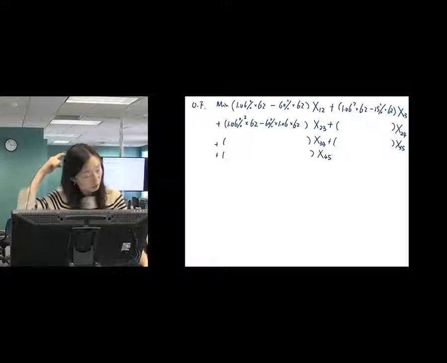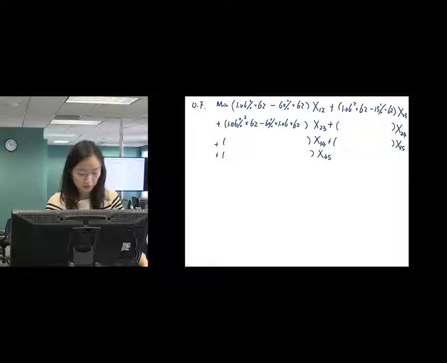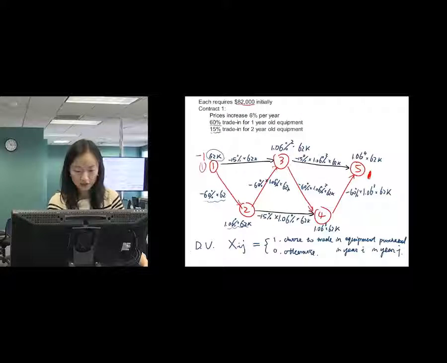Okay, so I won't write all of those out here. You have this slide for your reference. So make sure it's the purchasing cost subtract the credit you get on the arc, on the inflow to that node.